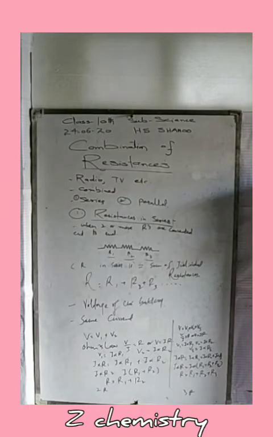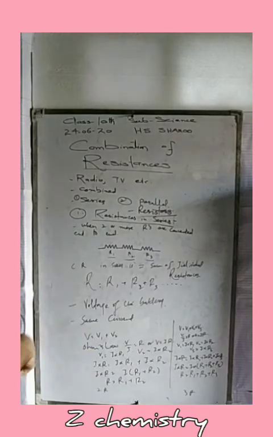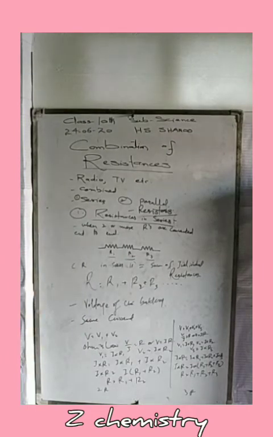Resistances are also called resistors. In resistors in series, the combined resistance of any number of resistances in series is equal to the sum of the individual resistances.